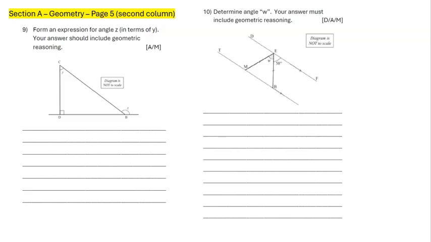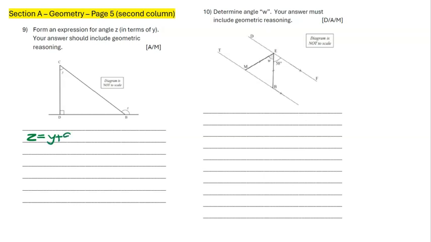So two ways to do this one. I'll show you the easy one first, by using the higher, more complicated geometry rule, the external angle of a triangle rule. I know the external angle of a triangle is equal to the sum of the opposite two angles. So I can solve this really quickly in one step. Angle Z is going to be equal to the other two angles added together, that's 90, or Y plus 90 degrees.